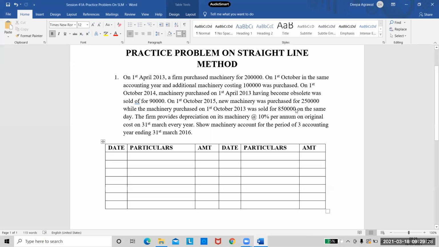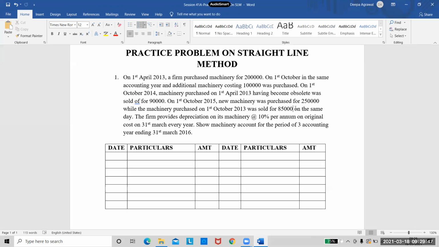Please correct this. There is a mistake here. It should be 85,000. Please correct that amount. So totally we purchased 3 machinery. First machinery was sold in the second year. Second machinery was sold in the third year.